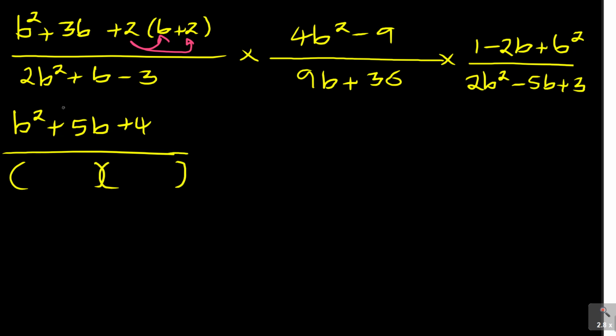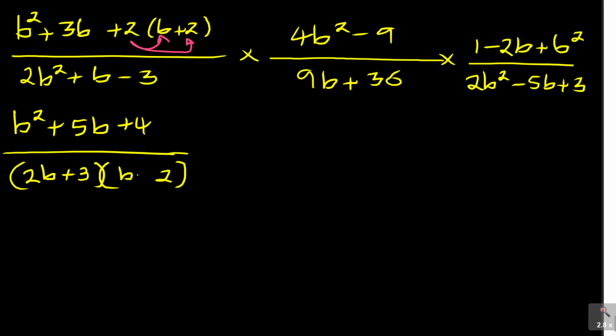You need to be fast to use the product sum. The numbers you multiply to get -6 and add to get +1 can only be 2 and 3. So you have your 2b, your b, and two numbers, 3 and 2. Let's see whether it works. I don't like this way of factorization, but because of time, I just want to do that.